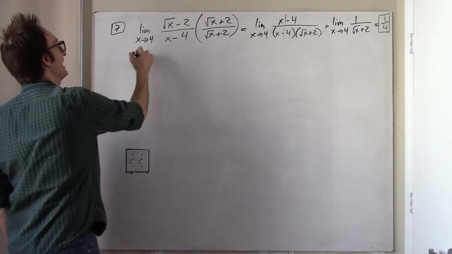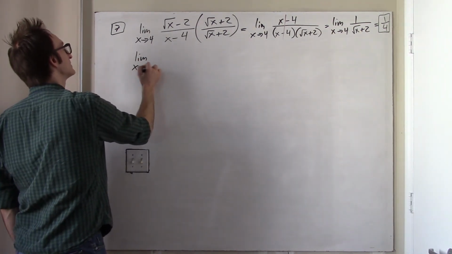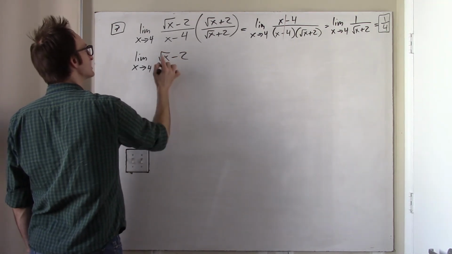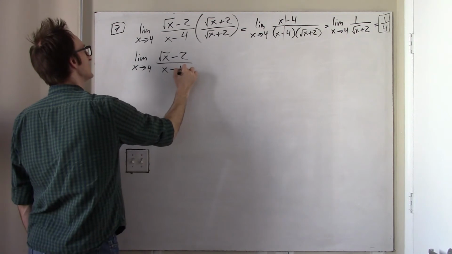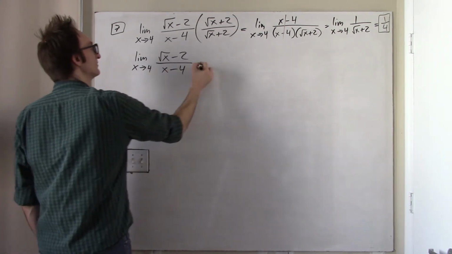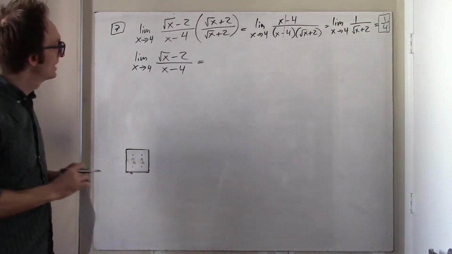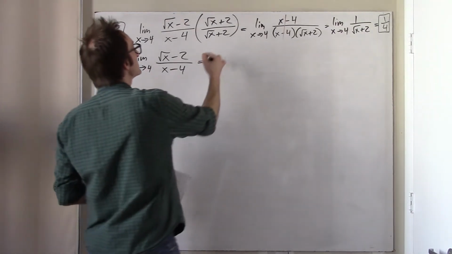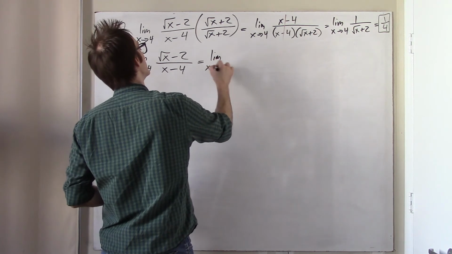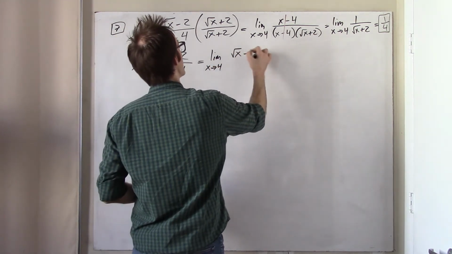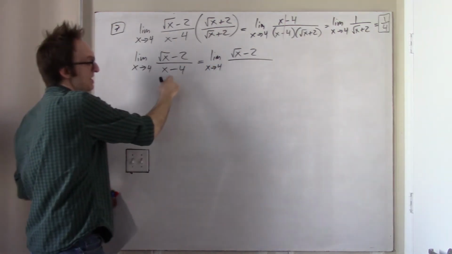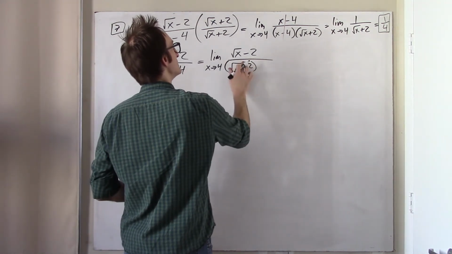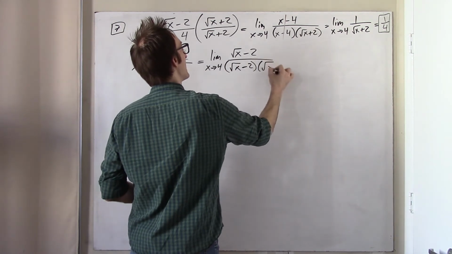There is actually a simpler way to do this problem, and this requires maybe some sophistication. If you're willing to see a couple steps in advance, then something you could do is actually just factor the denominator. This is not a kind of thing that we do very often, but once you see it, then you see it. x minus 4 you can think of as just (root x minus 2) times (root x plus 2).